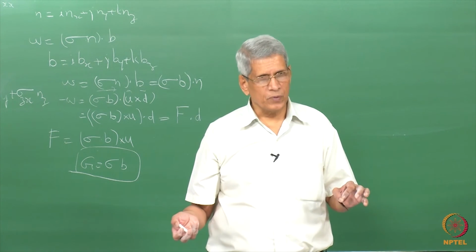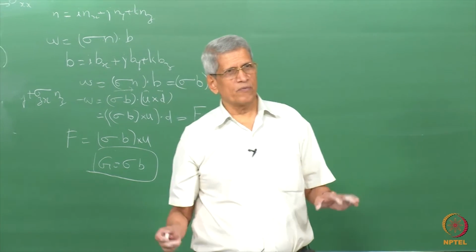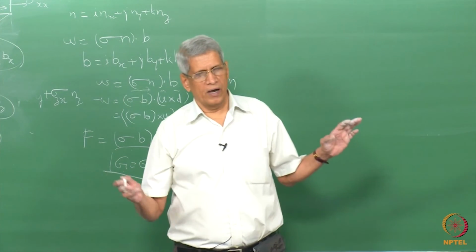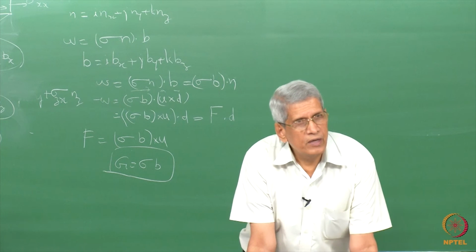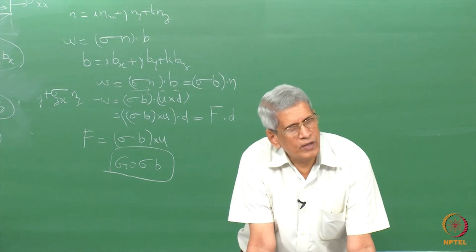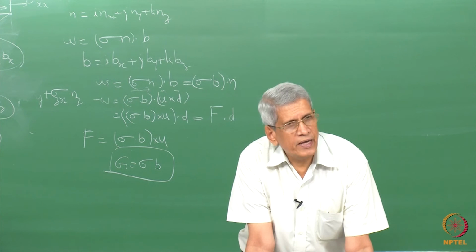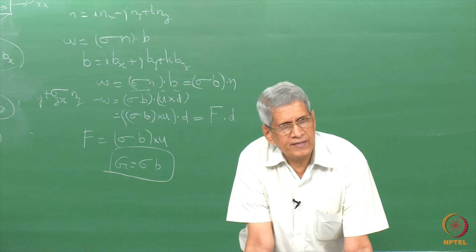Is it clear? So far, we have derived an expression for the force acting on a dislocation, and considered two cases of the direction in which the force acts when an external stress is applied.